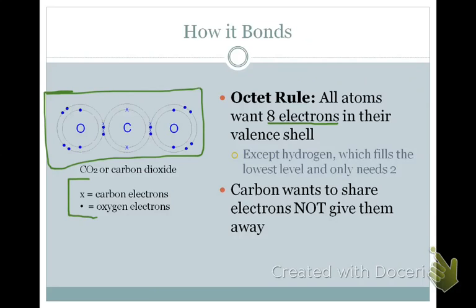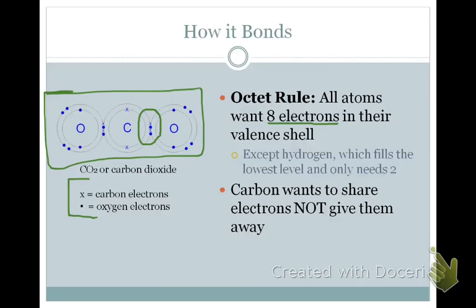So we see how carbon bonds with its 2 oxygens. If you see, the electrons for carbon are shown in the X's, and oxygen's electrons are shown with little dots. So they've drawn in all of carbon's electrons, including its lower orbitals of 2. But the section I want to look at most is right here. Now we can see that carbon is going to share 2 of its electrons with oxygen.